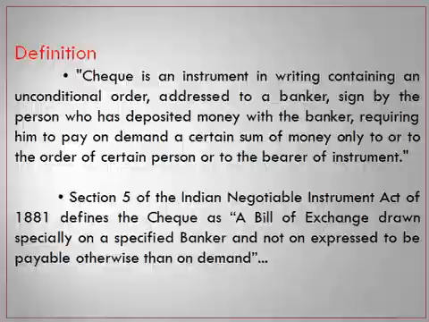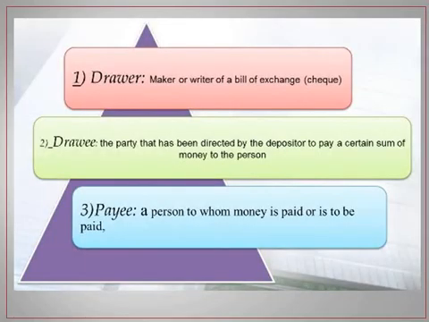So we can see the three parties who are included in this check. First one is the drawer, the maker or writer of a bill of exchange. That is the check. That is the owner of the account. Next one is the drawee, the party that has been directed by the depositor to pay a certain sum of money to the person.